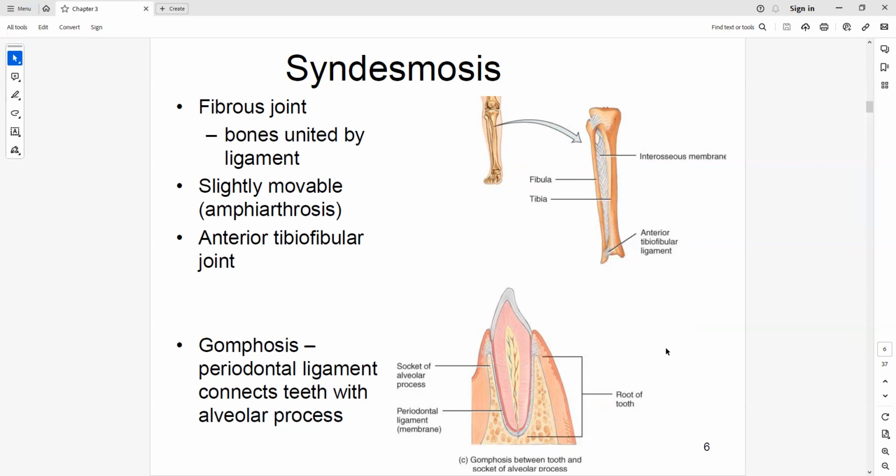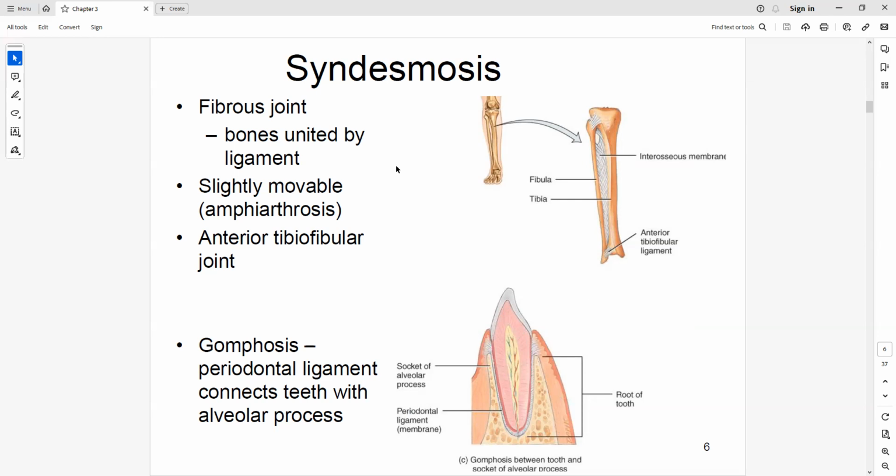If you heard this name, periodontal disease, this comes from the fact that this periodontal ligament can be degraded, especially if remnants of food get caught between the gum and the tooth, and bacteria start to degrade that leftover food item, and then the periodontal ligament also suffers damage in the process. The name of this kind of joint is gomphosis. So this is immovable, and it's between the tooth and the alveolar process.